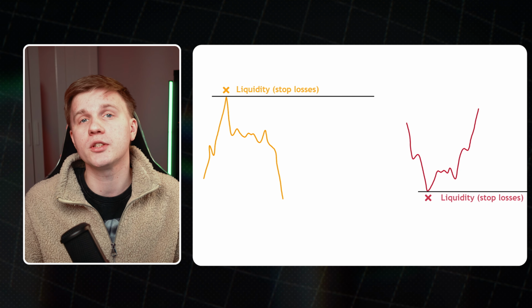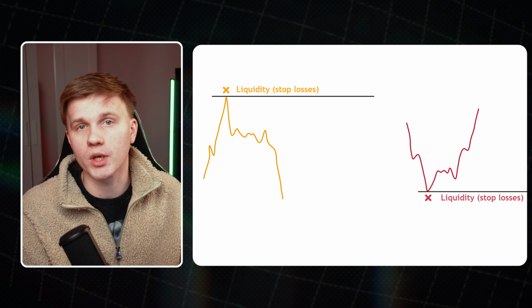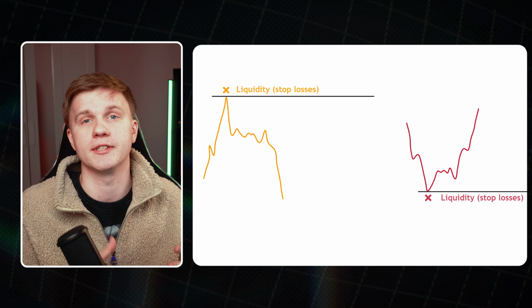Now let's talk about liquidity, a crucial concept we need to know in order to help us understand how ranges occur. So liquidity refers to the ease with which trades can be executed without causing significant price movement. Bigger players like institutions or whales operate with much larger order sizes than retail traders, and they require liquidity to fill their orders.